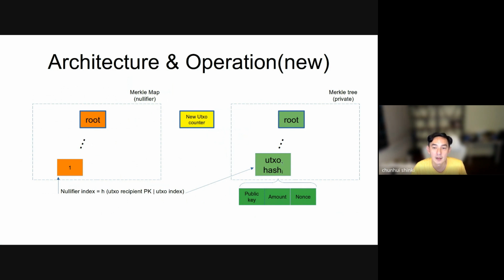So once you have spent this UTXO, one of the leaf nodes here is set to 1, and it cannot be spent again.